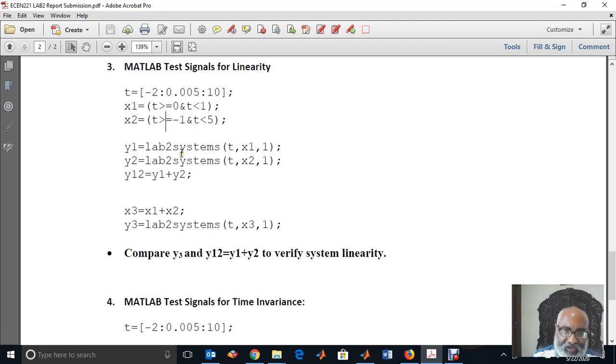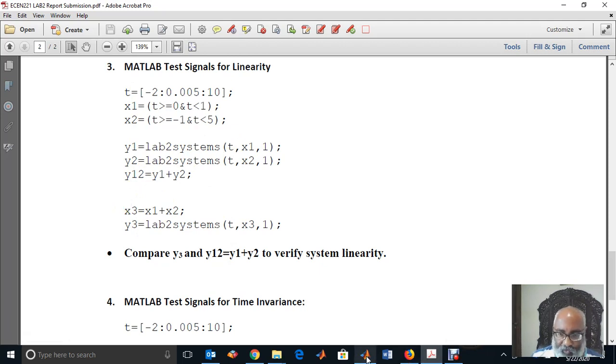This is a function, lab2systems. I pass it through this and I will get y1, and I pass x2 and I will get y2. Then I get y12, y1 plus y2. Then I will create x3, which is x1 plus x2. Then I pass x3 through the system and get y3. And if y12 is equal to y3, then we call the system linear.